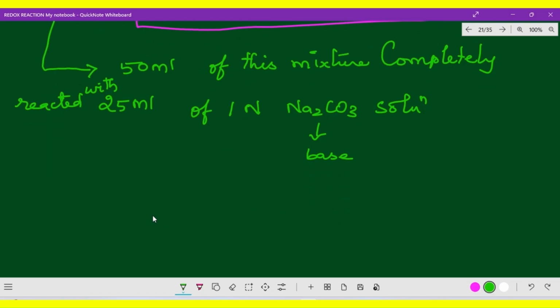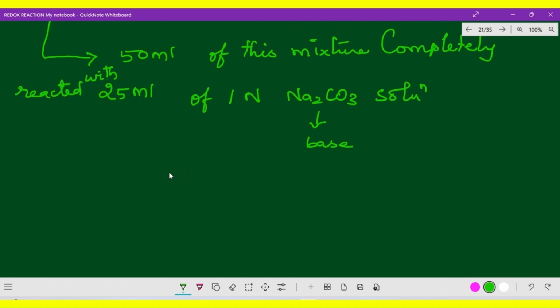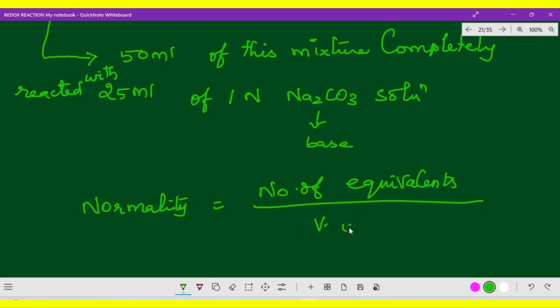Now we have to identify the normality of this, and then finally we can come to the concentration they are asking in the question. So the X value, X ml, we can identify. Normality equals number of equivalents divided by volume of solution in liter.